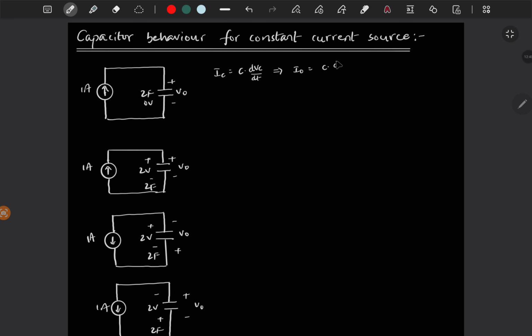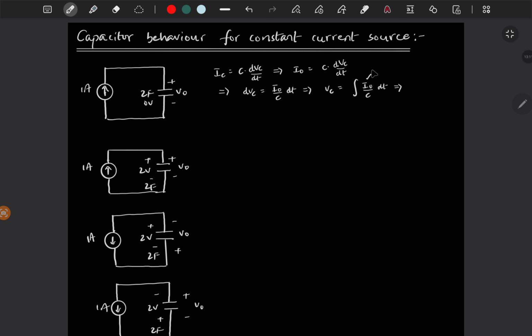So if you pump a constant current, let's say I0, then dVc is I0 by C dt. That implies if you integrate both sides, then you will get Vc is integral I0 by C dt.